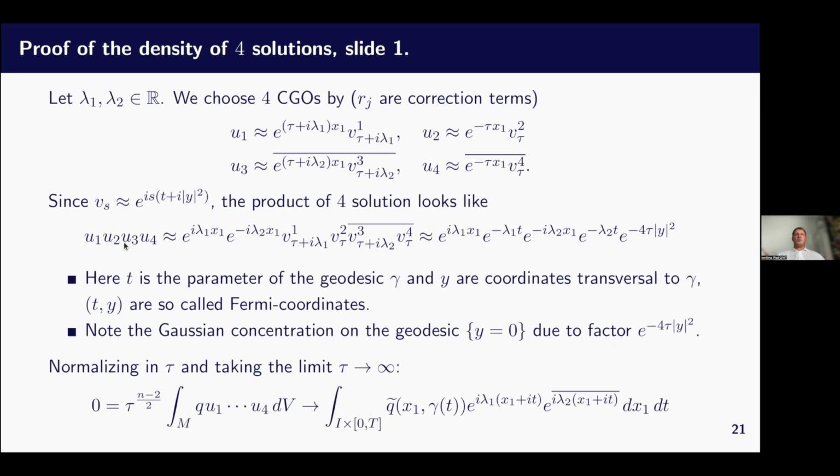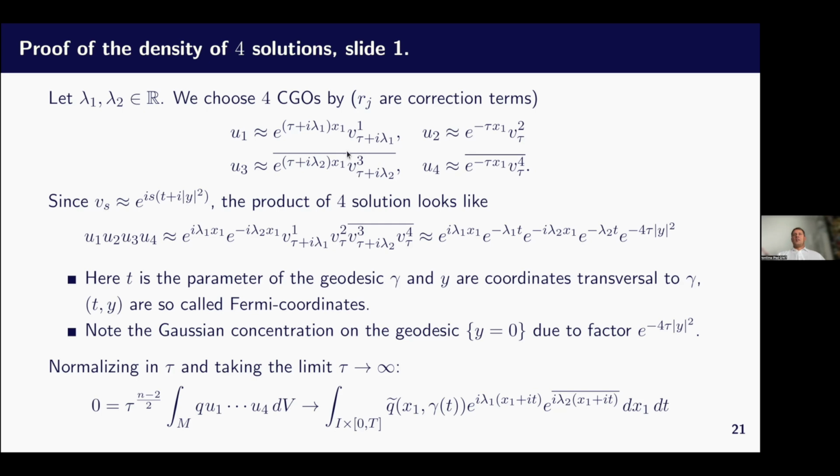So u1, u2, u3, u4. It looks like you have this x1 direction first here. You note that you first see that this e to the power tau x1 and e to the power minus tau x1 terms, they exactly cancel. So you don't have this e to the power tau x1 anymore.